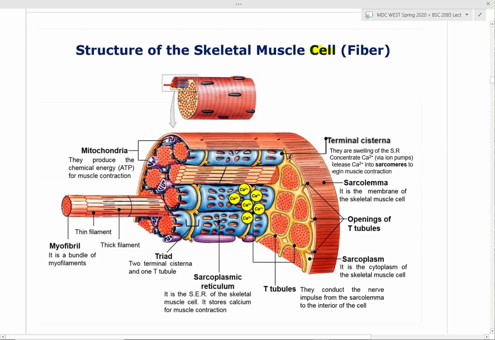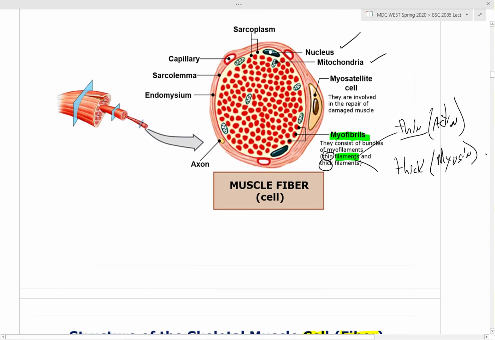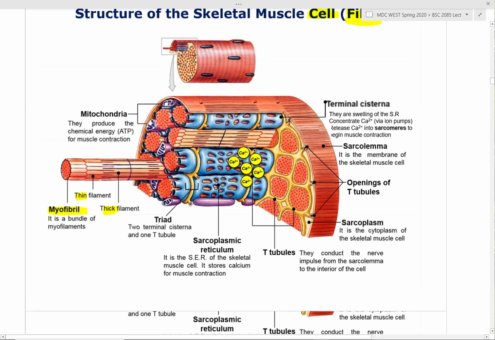The same muscle cell or fiber. We said that inside of that we had what? Myofibrils, that were either thin or thick. Remember that? We just did that. So that's what we're seeing here.